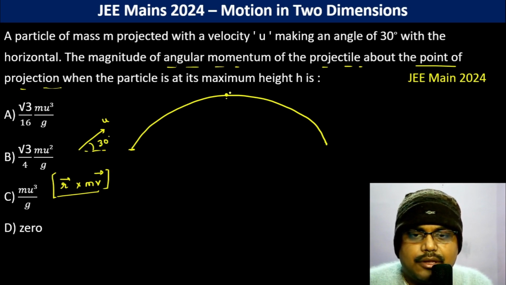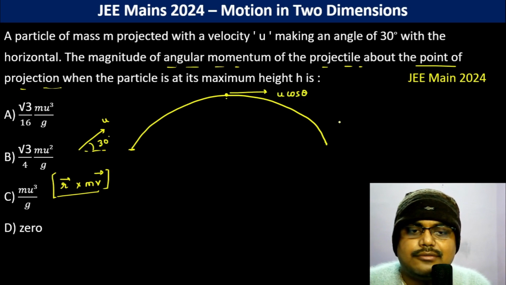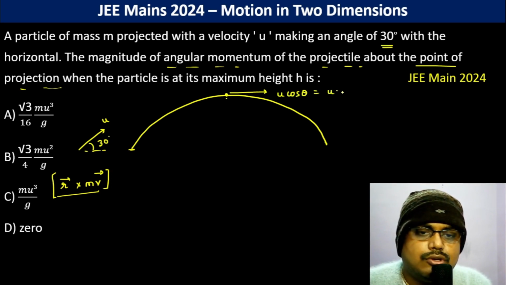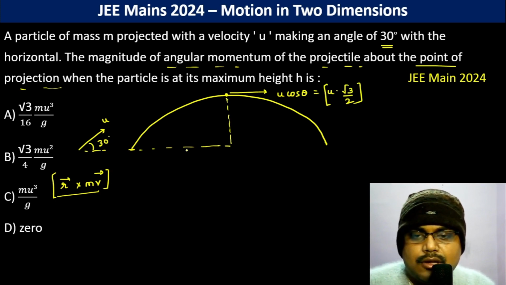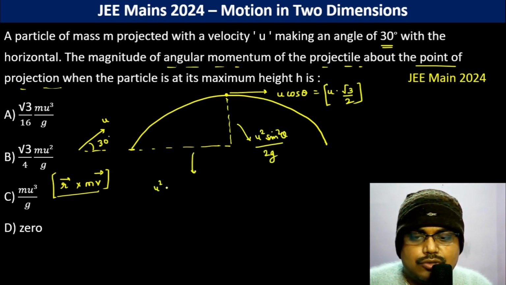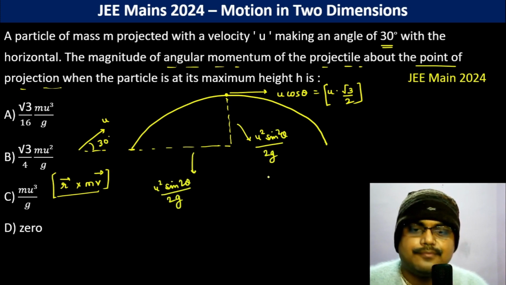Okay, so here its velocity in this direction becomes u cos theta, which is 30 degree. So u into root 3 by 2. Okay, now this is maximum height, so this is u square sine square theta by 2g, and this is half of range, so this is u square sine 2 theta by 2g.